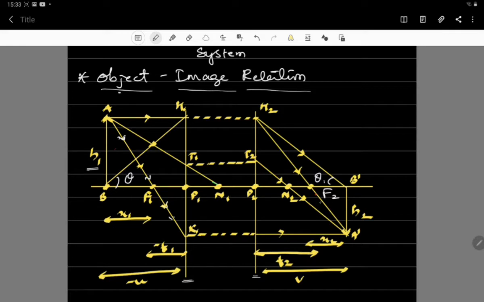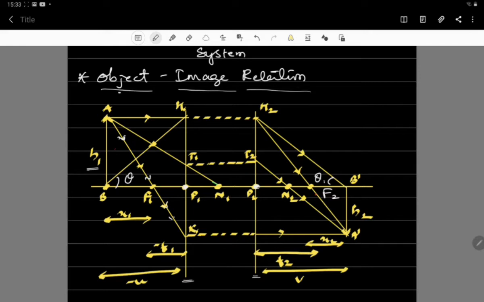Now here we have considered this is the pole of that lens. These are the 2 principal points. From the principal points we are measuring all the distances.